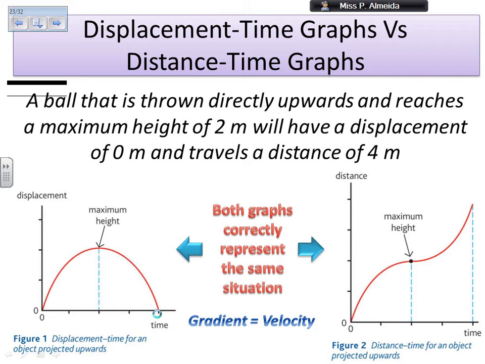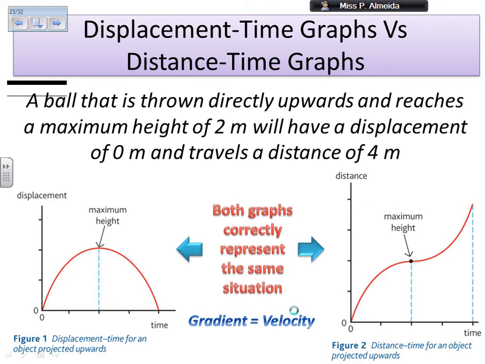Now this is different to my distance-time graph. My distance-time graph shows that the ball goes up, okay? Here you can see, because it's a curved line, that it's slowing down. It gets to the maximum height, okay? And then it slowly starts to go down again. So it's going down now, but I'm still increasing in distance that the ball is traveling, and it goes up to 4 meters, okay?